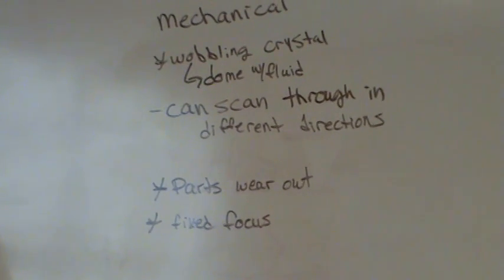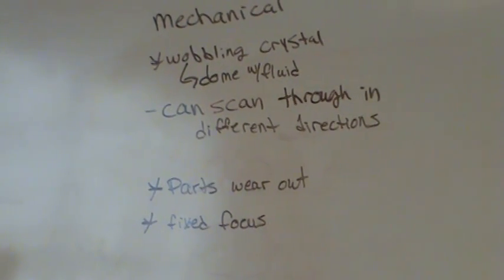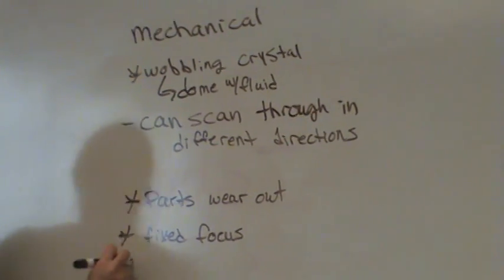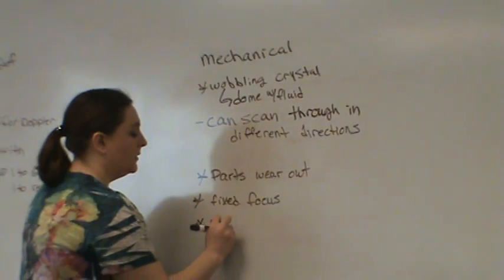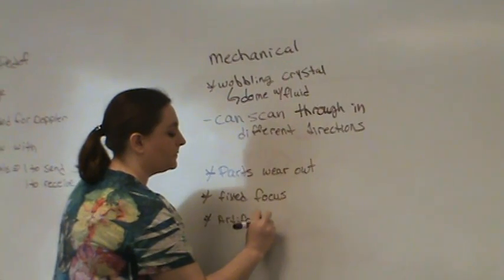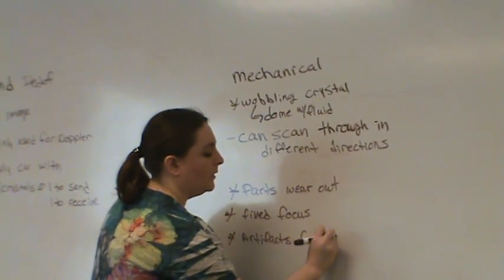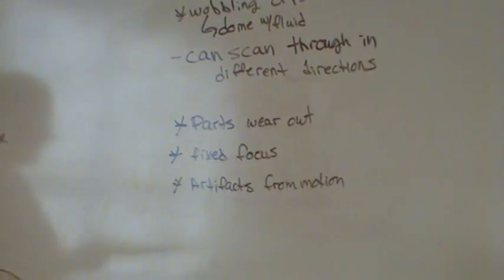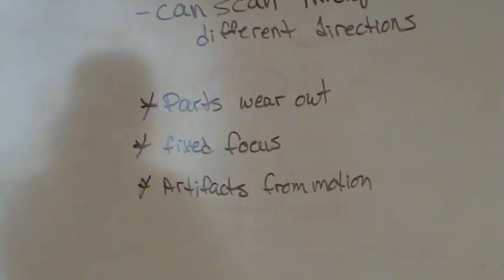I couldn't change it, they didn't have a knob that said where the focal zone was. It only had one spot. And they were prone to weird artifacts due to the motion of the crystal itself.